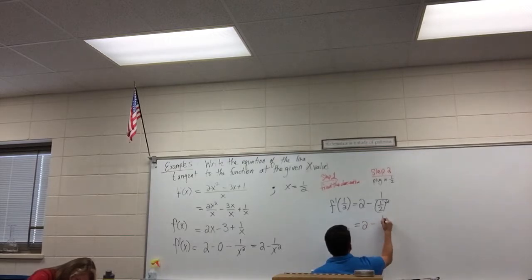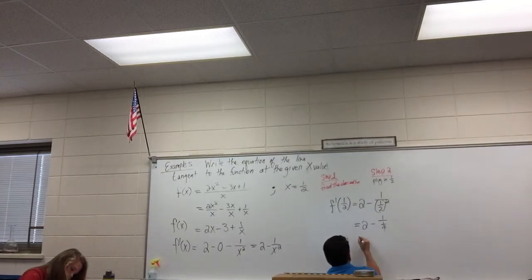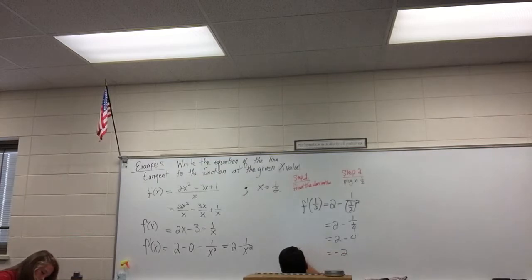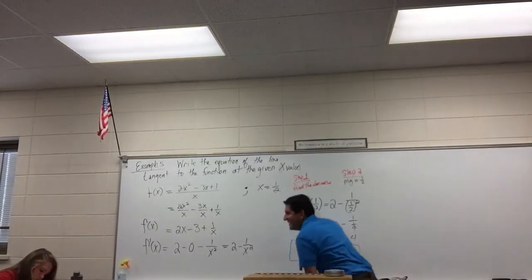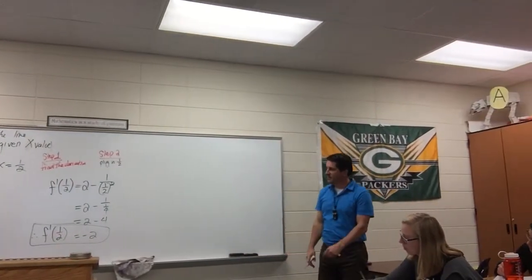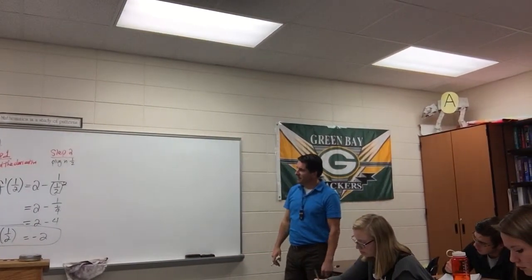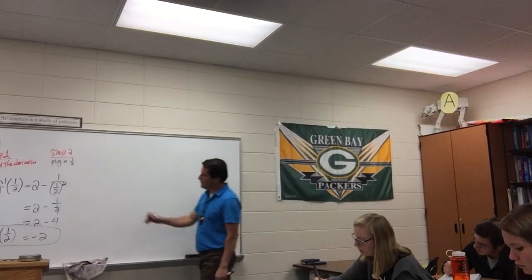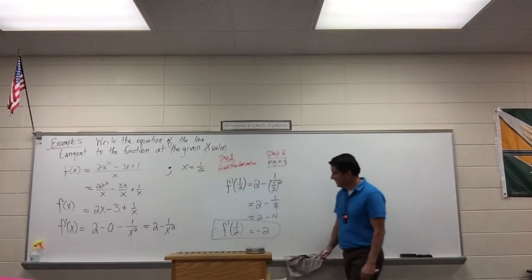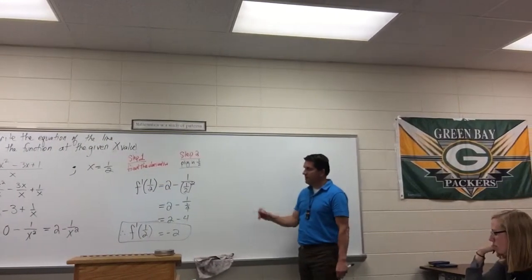It's 2 minus 1 over 1/4, which is 2 minus 4, which is negative 2. There, step 3, f prime. I'm going to start saying that from now on. So that means the slope of the line tangent to that function when x equals 1/2 is negative 2.